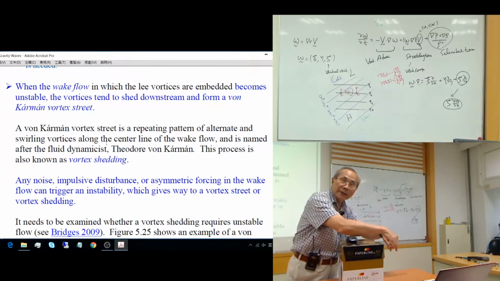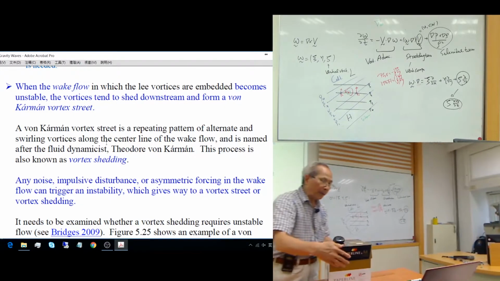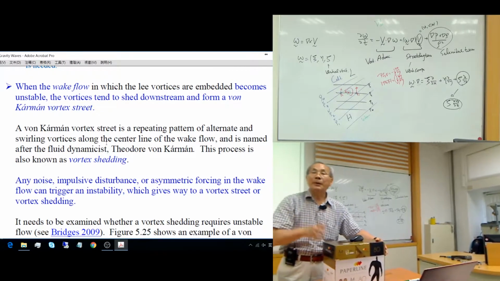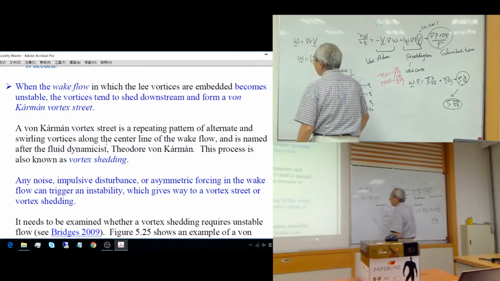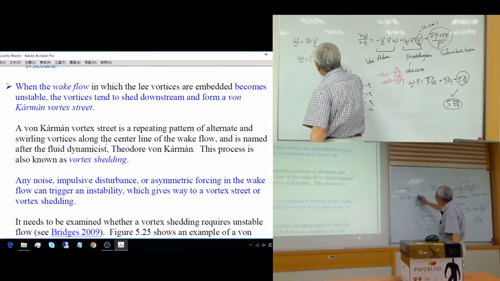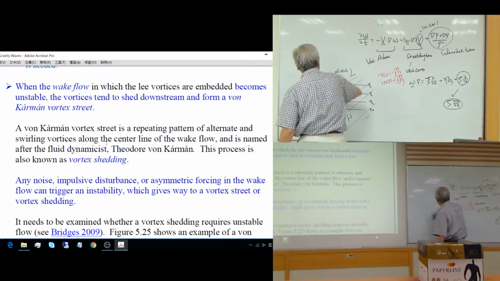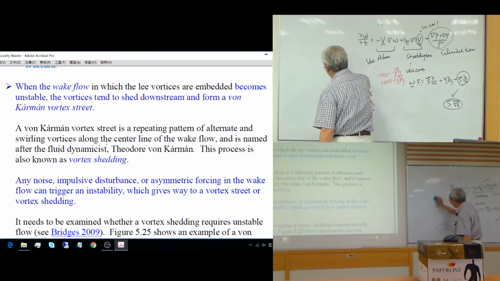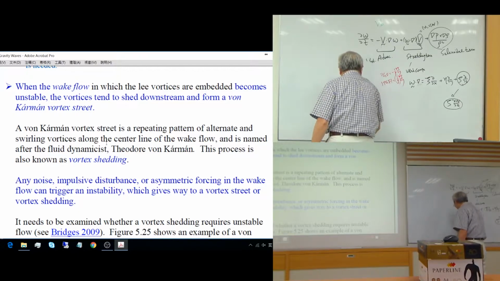If those vortices are not stable, then what happened? And also not symmetric, then the vortex will become unstable, and then will be shed downstream one by one. That's called vortex shedding.